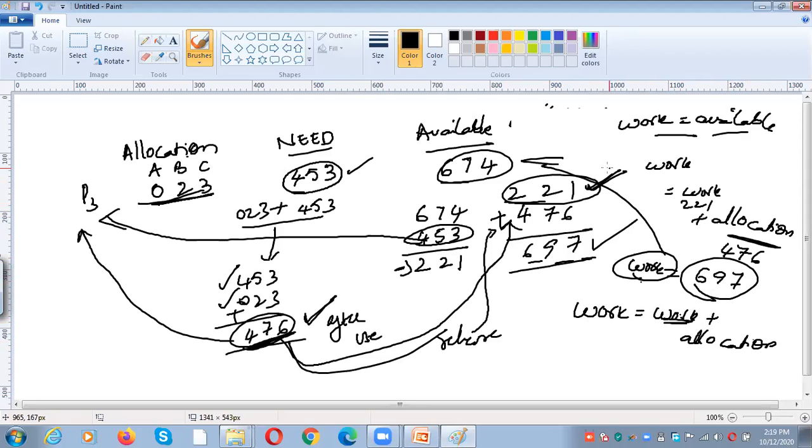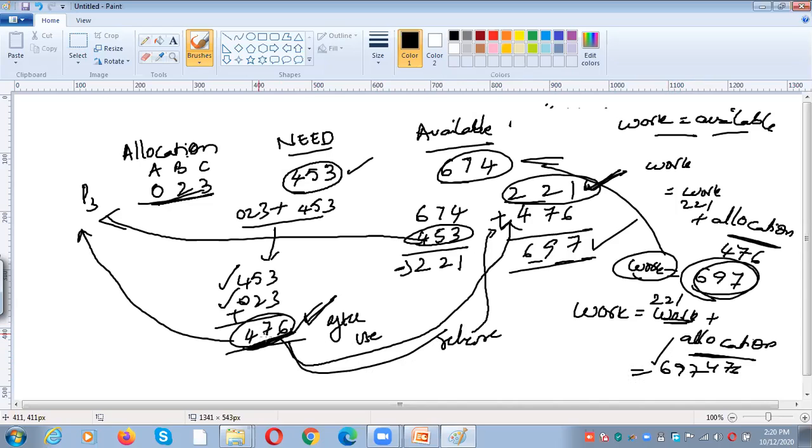Earlier, how many available? 2, 2, 1 available. Okay, how many allocated to the process? 4, 7, 6. By adding those two, we will get 6, 9, 7. Okay. Now in a system, 6, 9, 7 resources are available. So work equal to 6, 9, 7. That means available equal to 6, 9, 7.